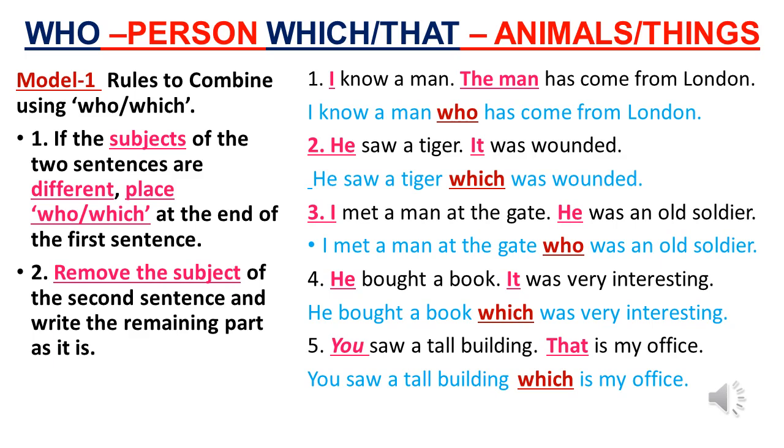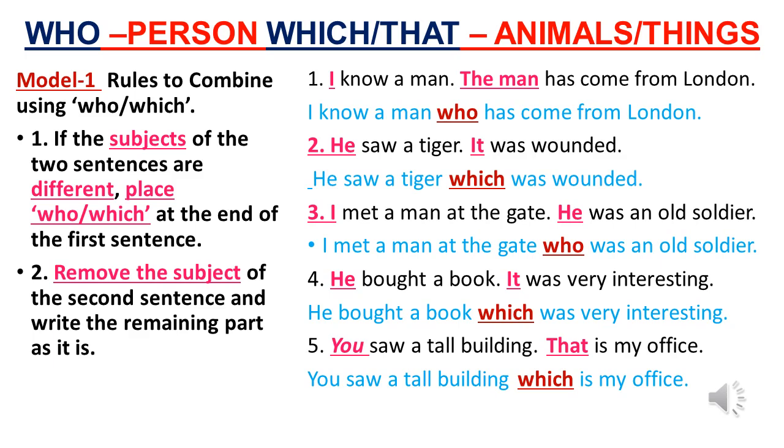Now place the conjunction who at the end of the first sentence, because we are talking about a man. That's why who. Now go to the second sentence. What is the subject of the second sentence? The man. Remove the man and place the remaining part next to the conjunction. Has come from London. Keep the full stop at the end of the sentence. That would be the answer. I know a man who has come from London.